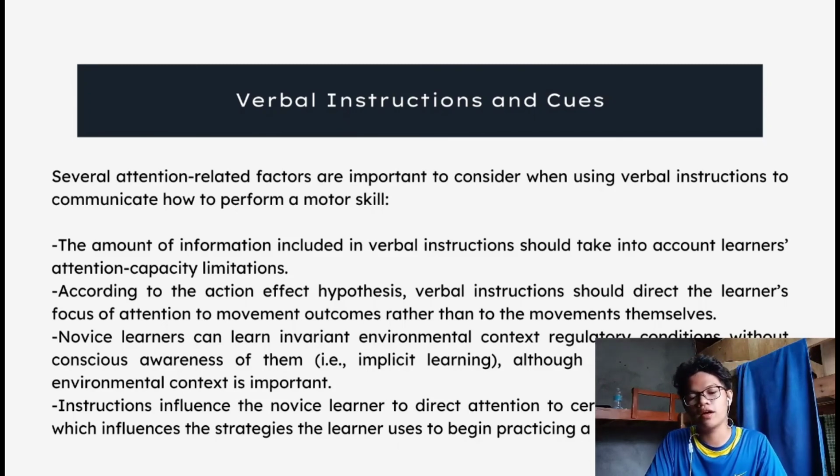Second, according to the action-effect hypothesis, verbal instructions should direct the learner's focus of attention to movement outcomes rather than to the movements themselves. Third, novice learners can learn invariant environmental context regulatory conditions without conscious awareness of them.